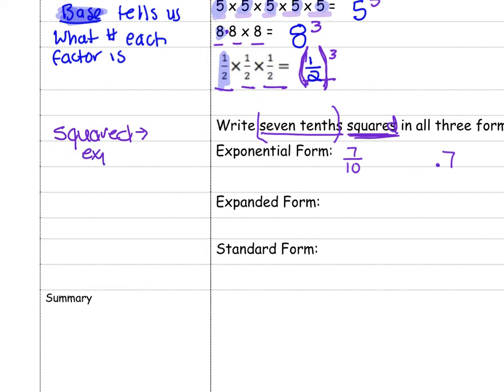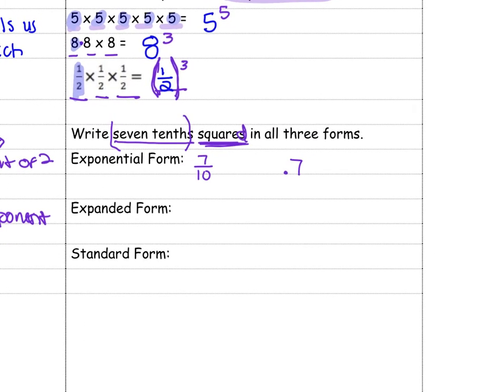So exponent of 2. Cubed is an exponent of 3. So we have our base because it says write this squared. So 7/10 squared, remember we're going to put our parentheses, squared. But here you can just use squared. So if it's a fraction, use parentheses.